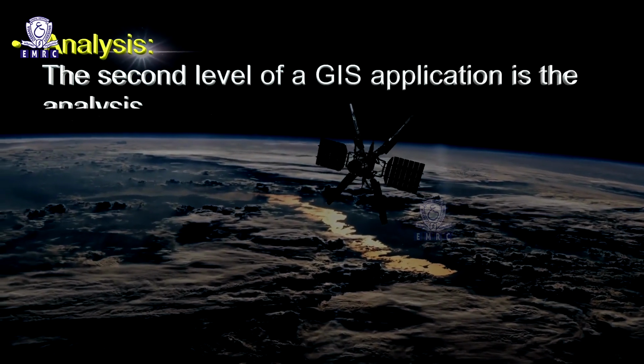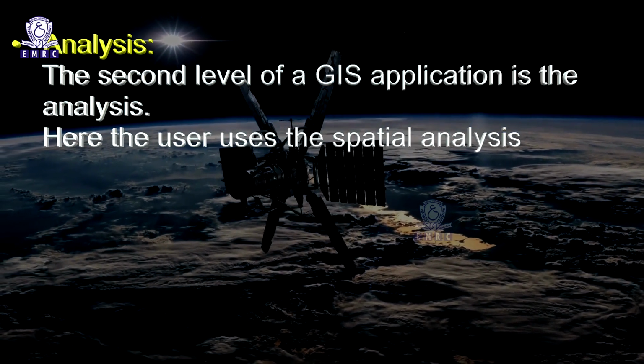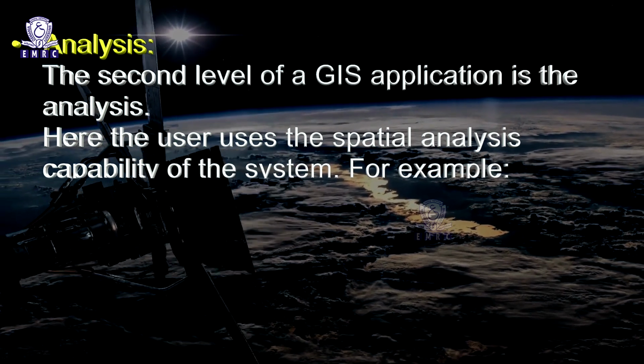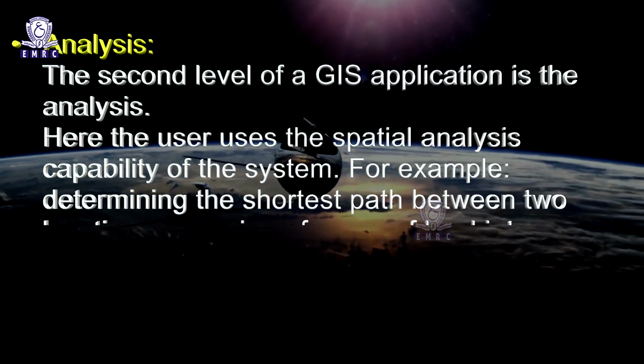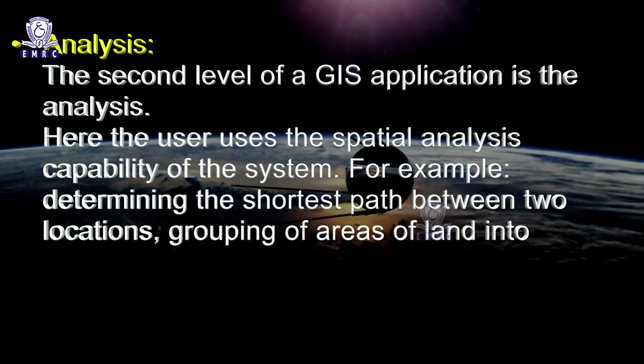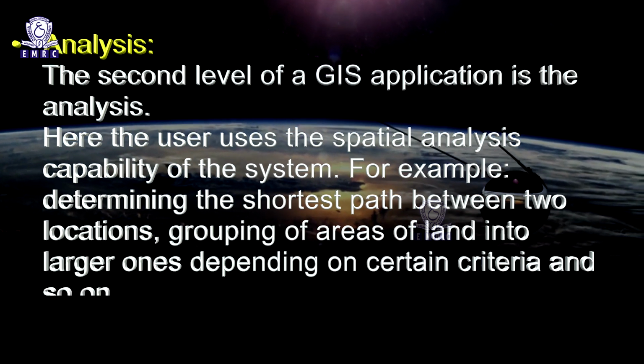Analysis. The second level of GIS application is the analysis. Here, the user uses the spatial analysis capability of the system. For example, determining the shortest path between two locations, grouping areas of land into larger ones depending upon the concerned criteria and so on. Prediction.